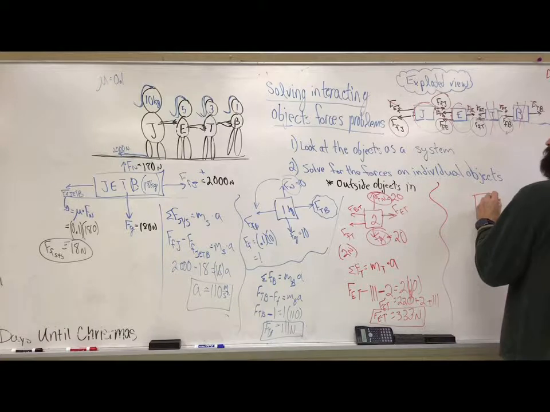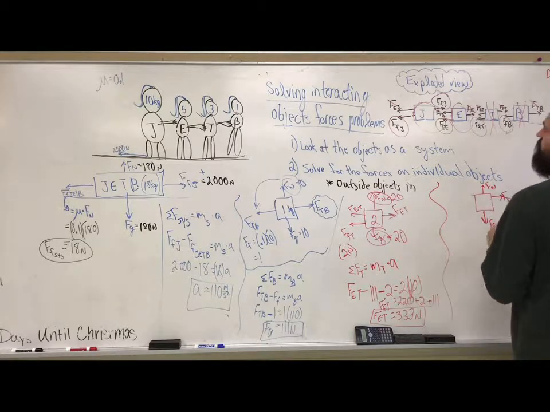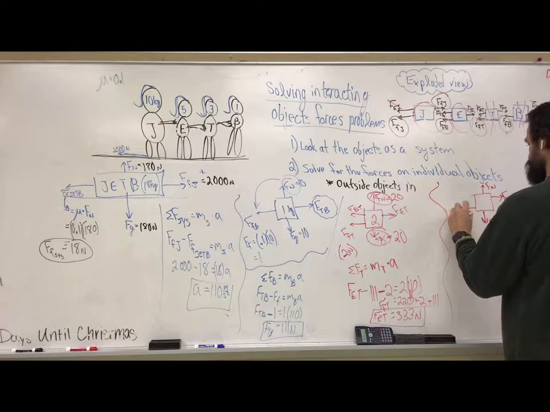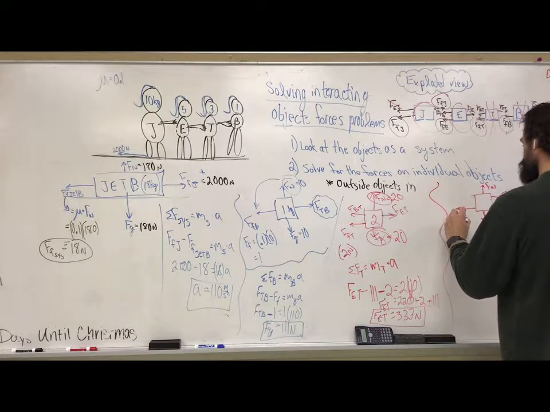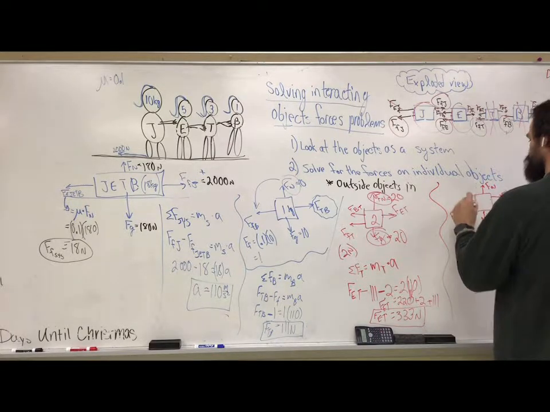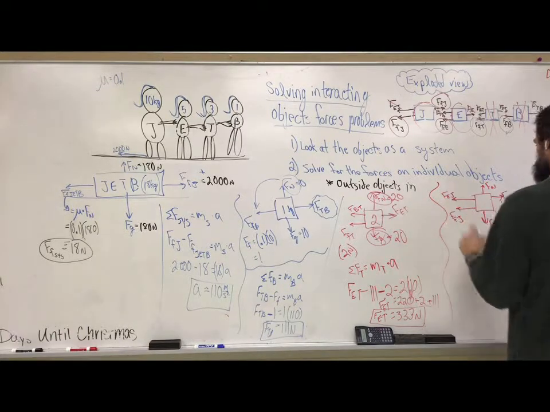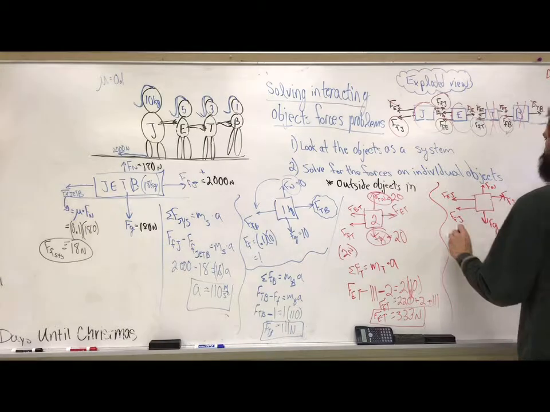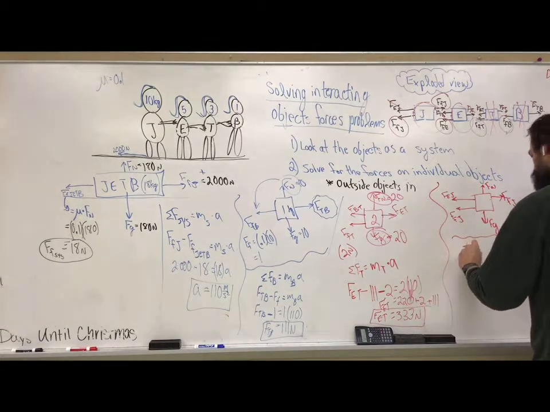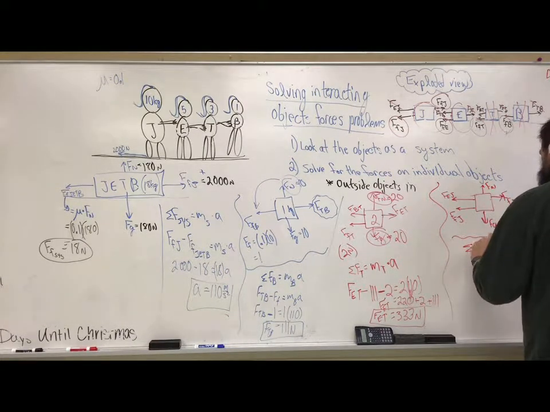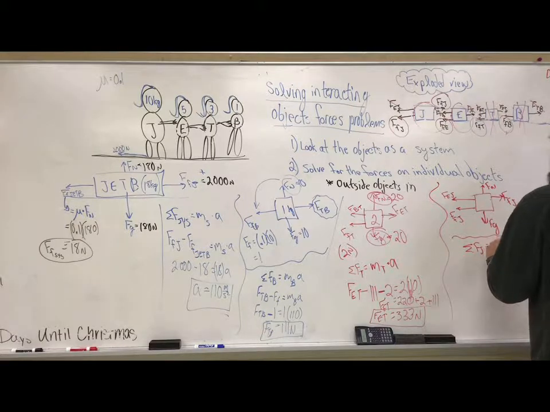So the forces on Joan, we have the force of the floor on Joan, normal, gravity, force of friction for Joan, and the force of Elizabeth on Joan. And this was force of floor on Joan. I don't know if I've misspoken that before. But we're going to do a net force equation for Joan.